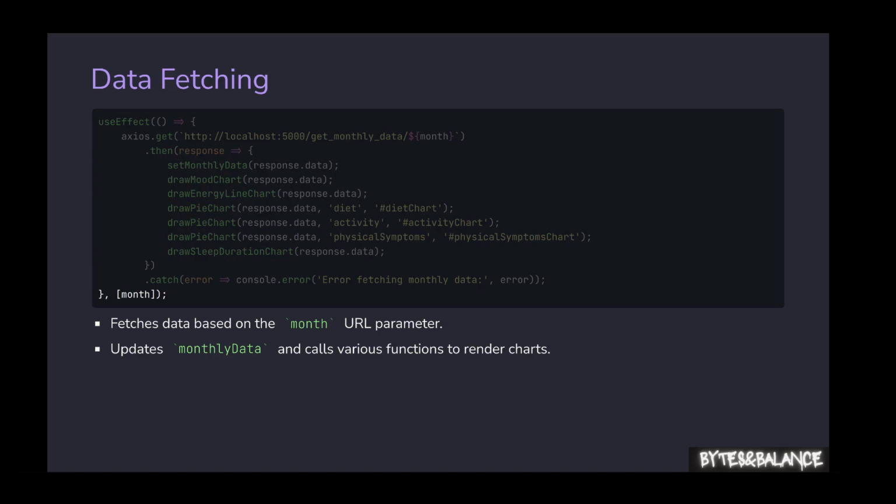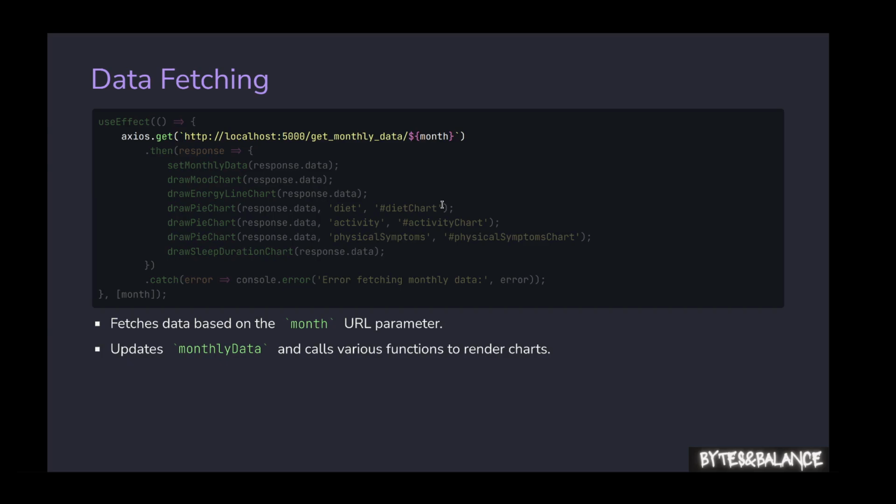And then we've got the Axios.get, which performs an API call to retrieve the monthly data. The URL includes the months parameter, as you can see here. This is the URL, and this is another endpoint that we have developed. We saw this when we were talking about the back end. The URL includes the months parameter, as I said, and specifies which month's data we need.